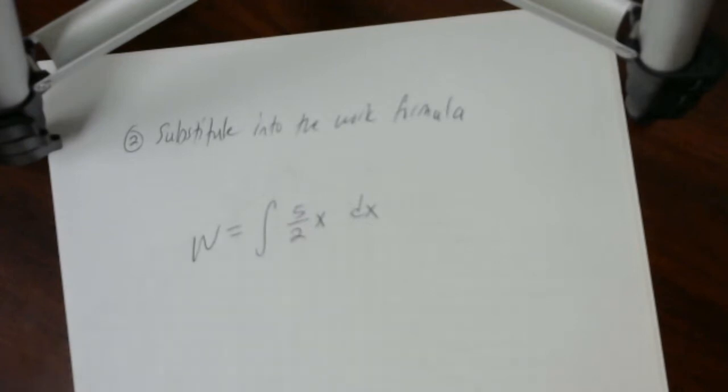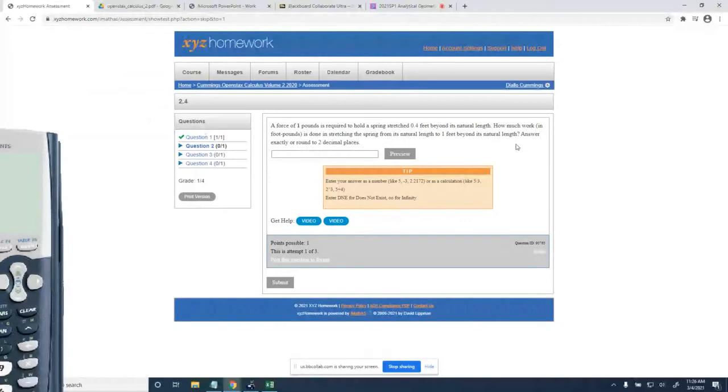Well, if we take a look back at our problem, we're stretching the spring from its natural length to 1 foot beyond its natural length.